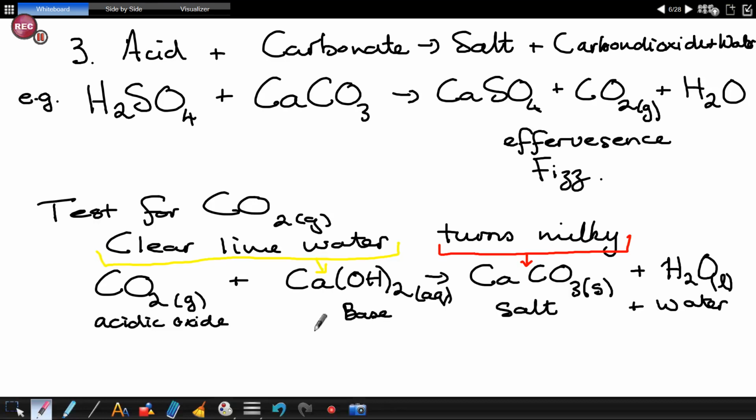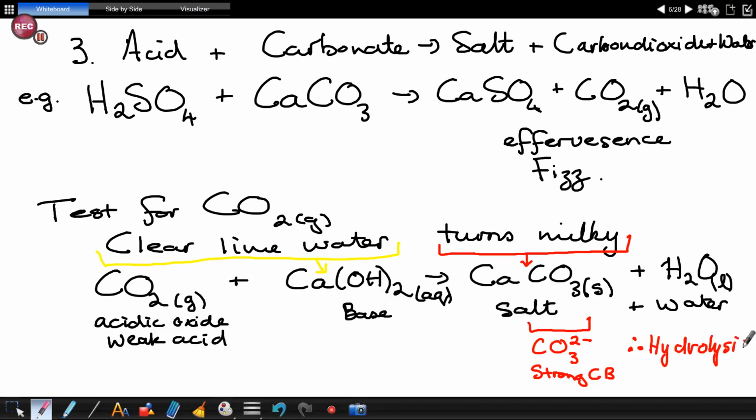Which part of calcium hydroxide is the base? The hydroxide part, in terms of who? Lowry-Brønsted, yes. Because carbon dioxide is a weak acid, your carbonate ion is a strong conjugate base. Therefore, hydrolysis will take place. So write an equation for the hydrolysis with water. Let me see what you can do there.